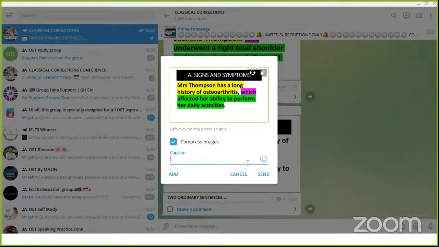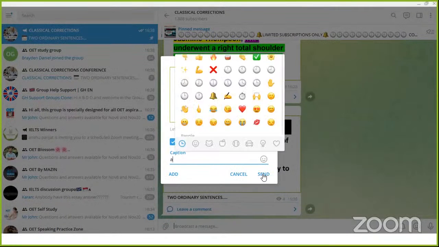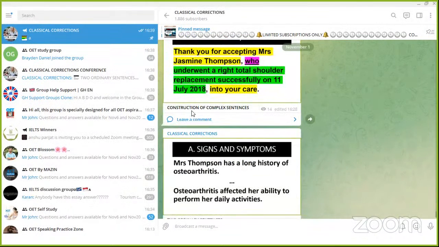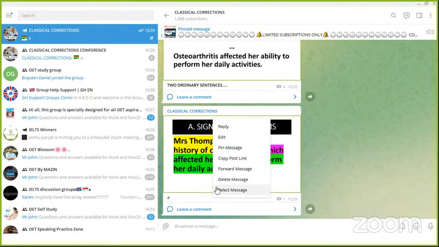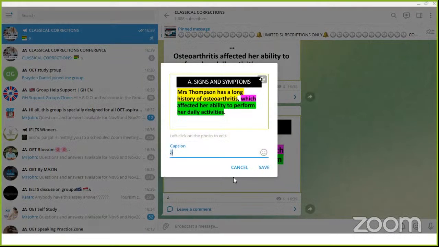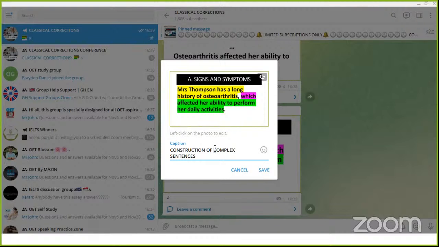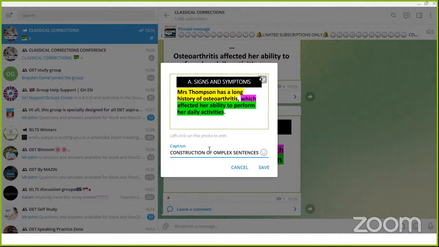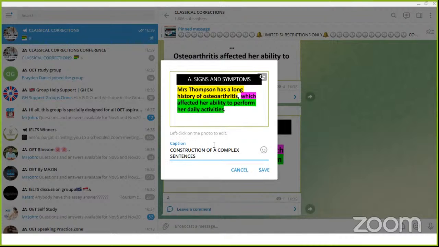So, construction of a complex sentence using which.